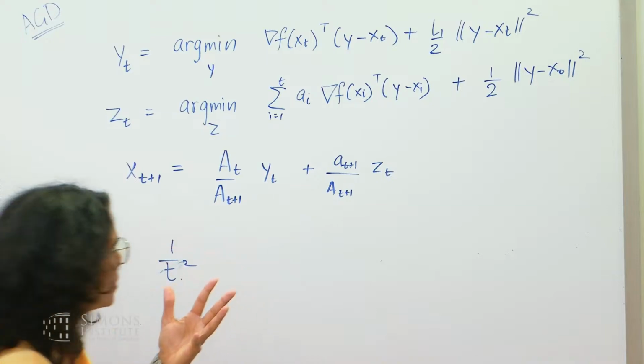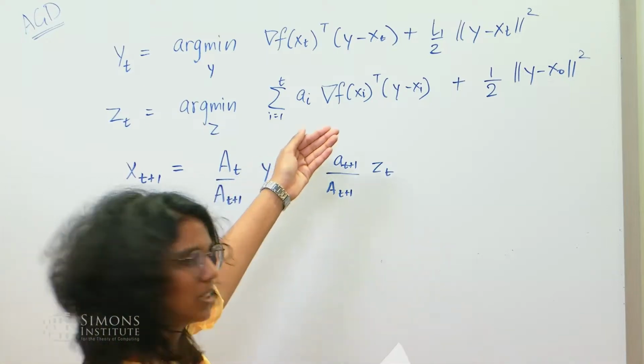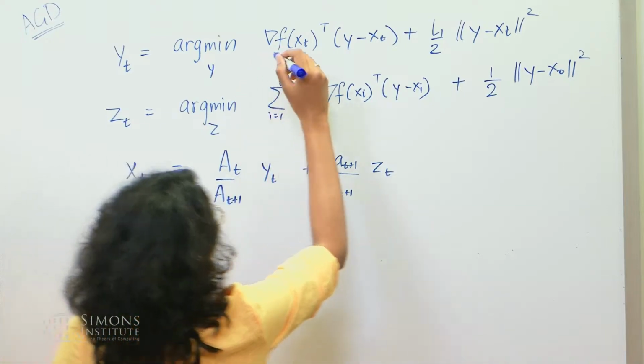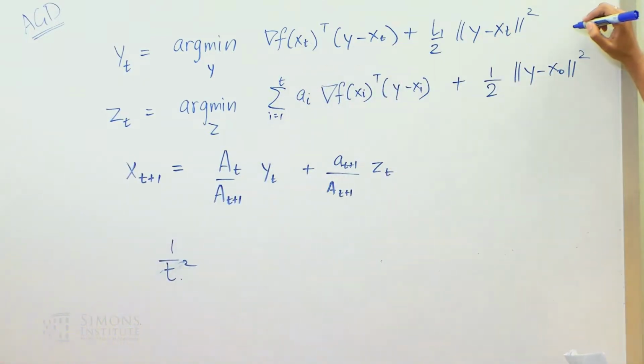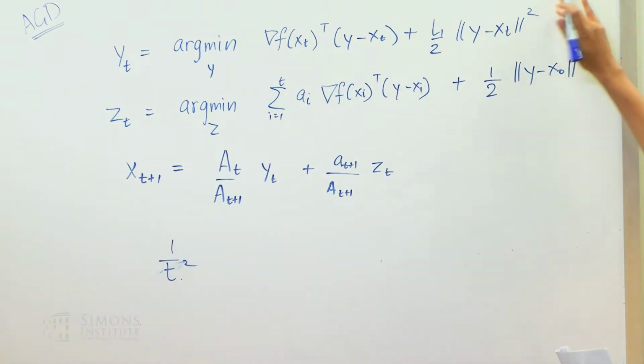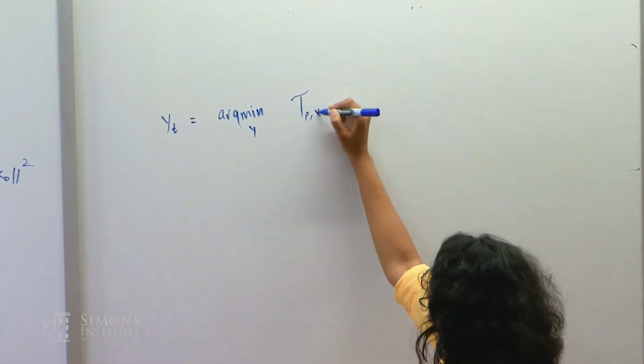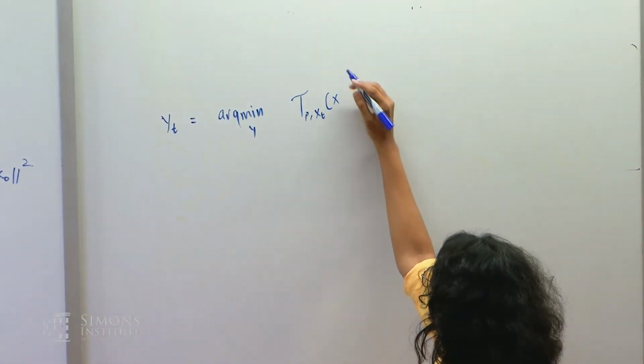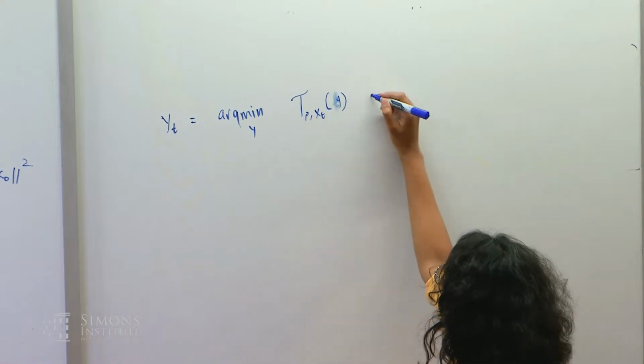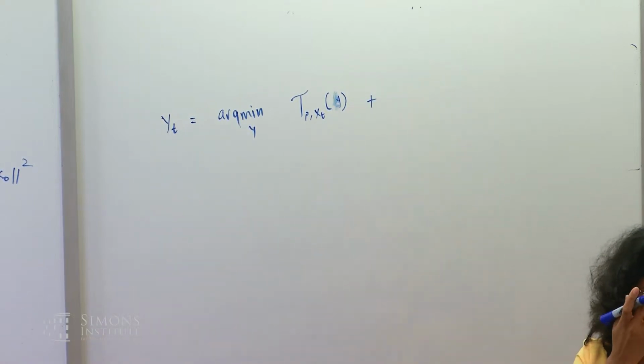So what Nesterov and Baes did was a natural extension of this. You replace this. So let's say this step becomes, so this is the Taylor approximation plus the regularizer that we saw in the previous lecture.